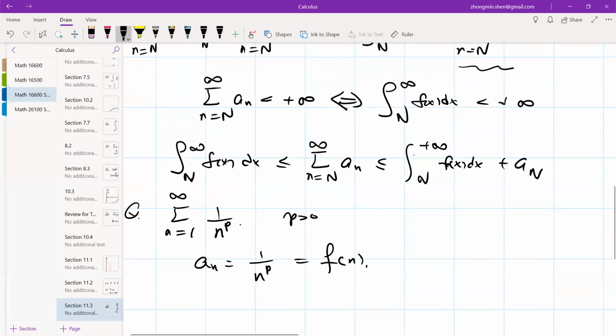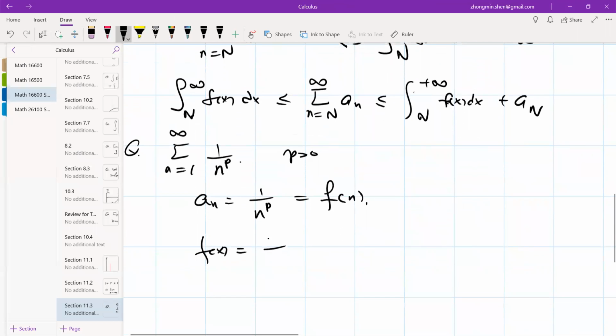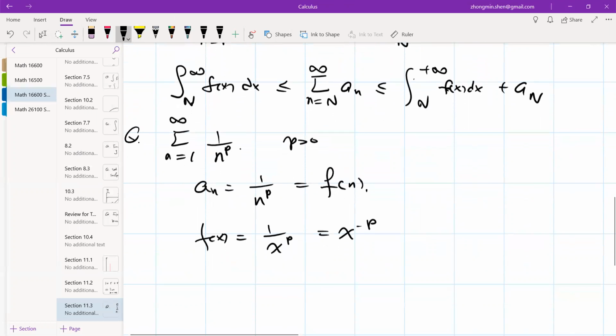What is f(x)? f(x) is going to be this function. All right. So clearly, it is continuous, positive, decreasing on the interval from 1 to infinity.